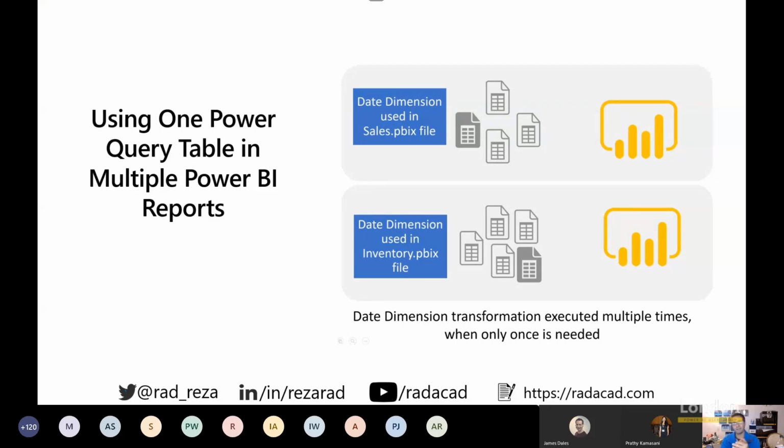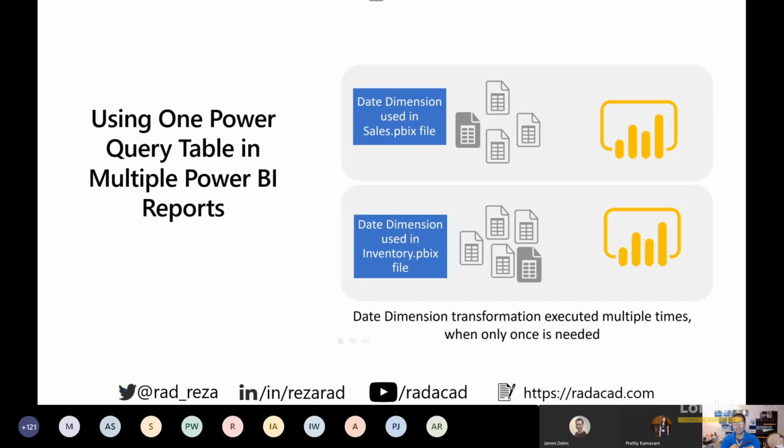So I will start with a new Power BI file, I call it the inventory PBIX file. I start building that, getting data from different places, doing some data transformation, calculations, things like that. Now, in this inventory Power BI file, I have, of course, some new tables like inventory movement or warehouse.